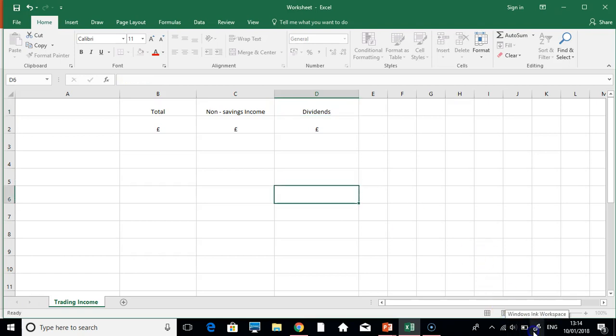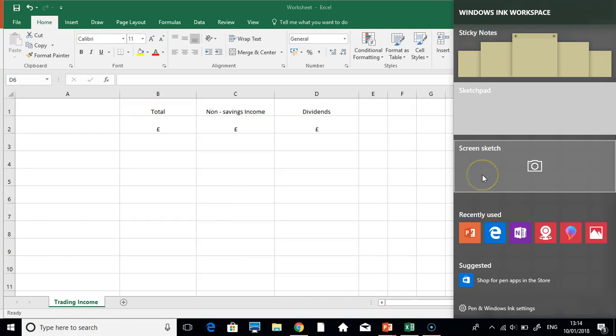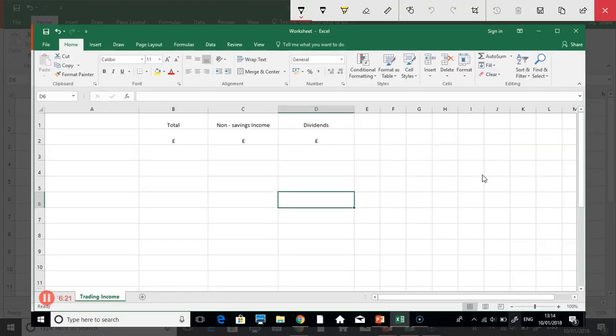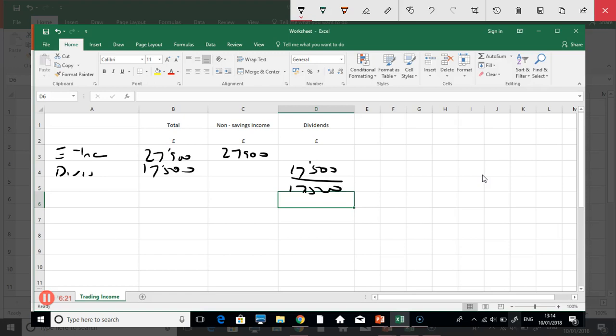So we have employment income of 27,900 and dividends of 17,500, which gives total income of 45,400.